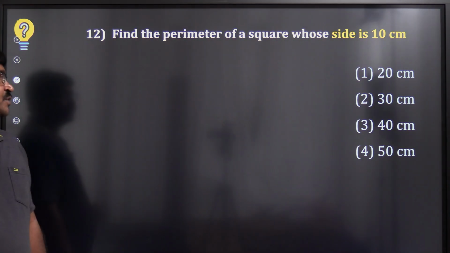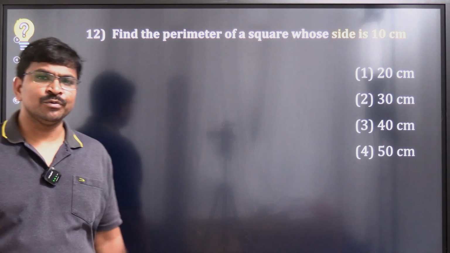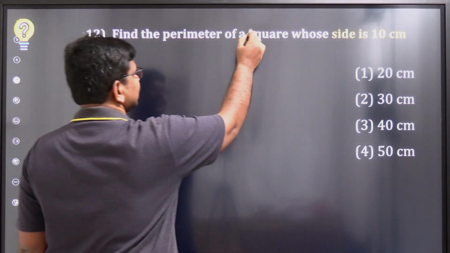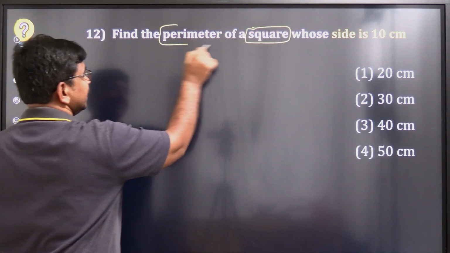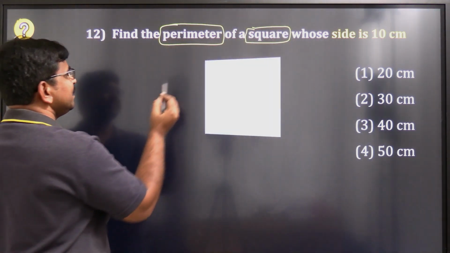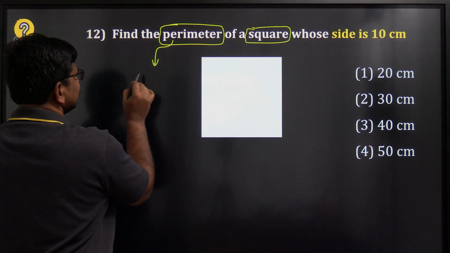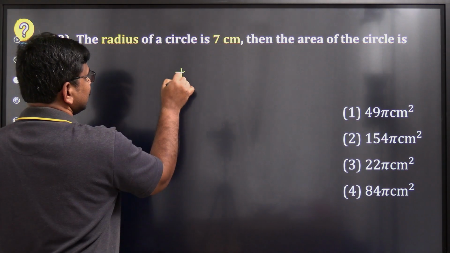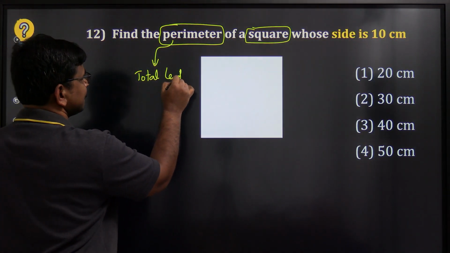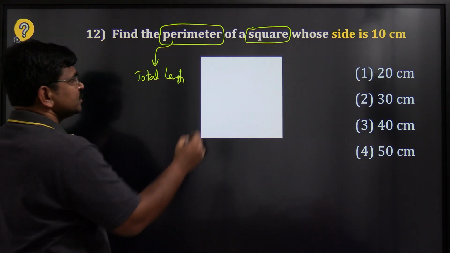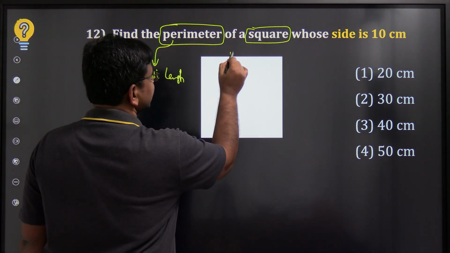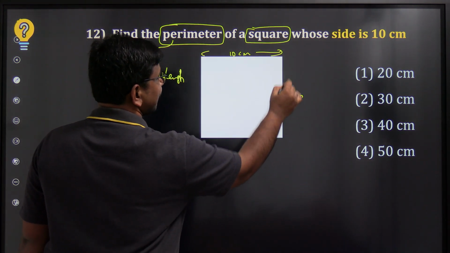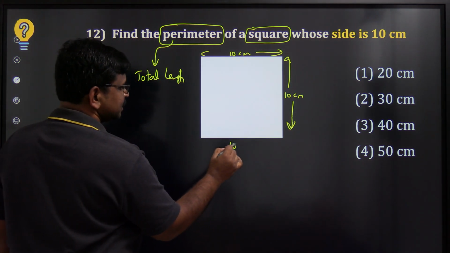And next question. Find the perimeter of the square whose side is 10 centimeter. Here, square and perimeter. What is perimeter actually? Actually, the perimeter means total length. Perimeter means total length. Okay. Now, the length of this one, the side is given 10 centimeter. And this side also 10 centimeter. And this is also 10 centimeter.